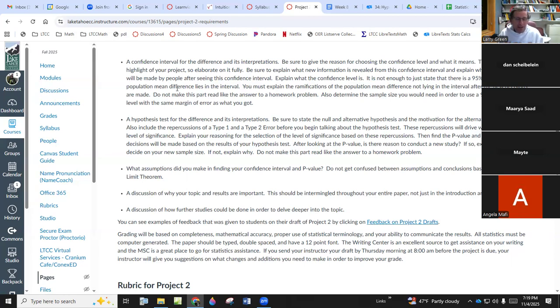Then, based on the pros and cons, decide which is best for the client. It should not be in general; this is for the client's needs. You decide on which interval to use. By the way, for hypothesis testing, you decide the level of significance before you even collect your data.